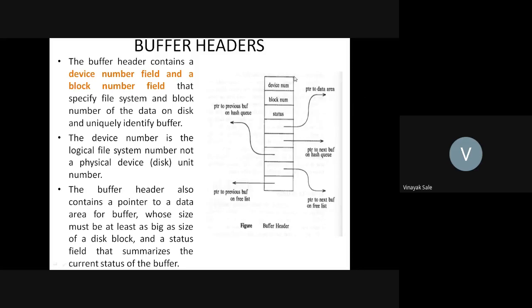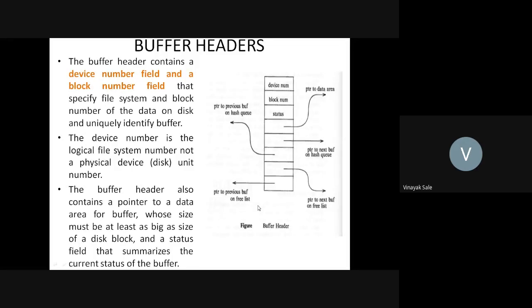It contains eight fields. Out of them there are five pointers, and the remaining three are the device number, block number, and the status of this buffer. The first pointer refers to the data area, the second to the next buffer on the hash queue, the third to the previous buffer on the hash queue, the next to the next buffer on the free list, and the last to the previous buffer on the free list.